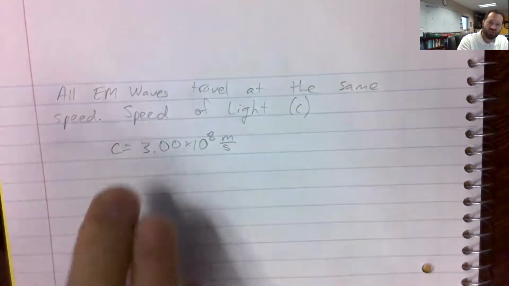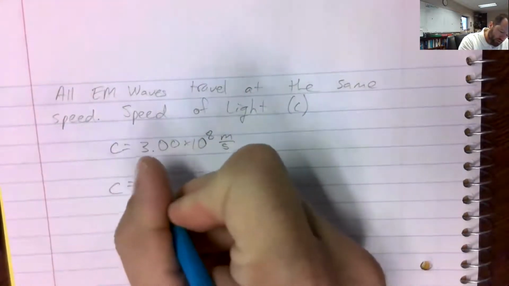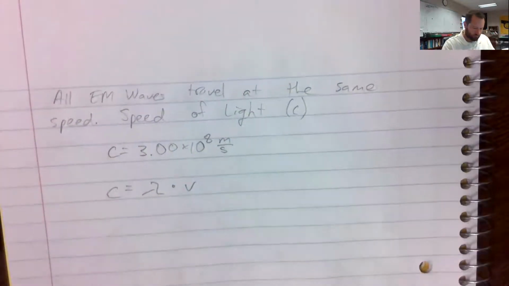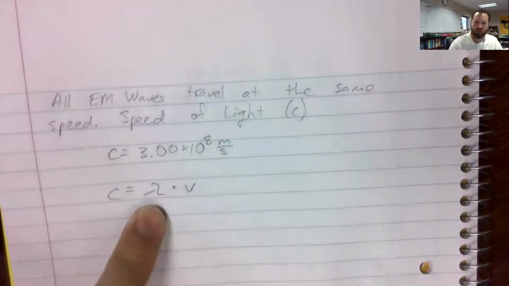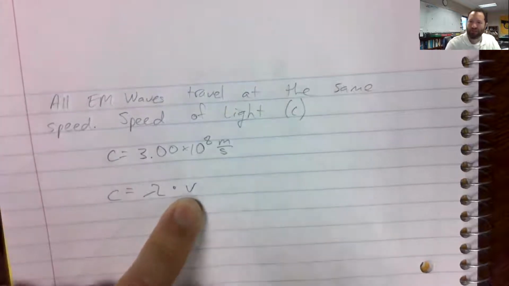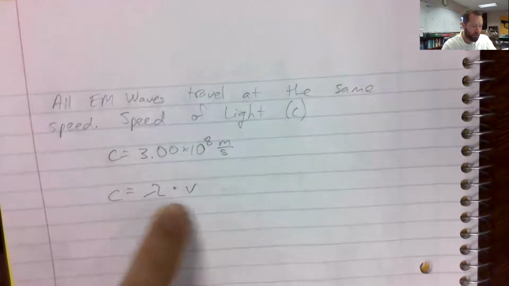So that doesn't change. It's always a constant, and we can use that actually to figure out a couple of other things. So here's what we found out over the years. C is equal to this little weird little symbol here is lambda times nu. It looks like a V. I oftentimes call it a V, but it's really the Greek letter nu. So it's Greek letter lambda, Greek letter nu.